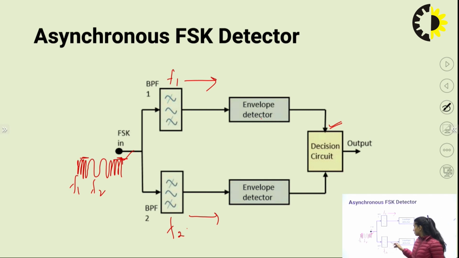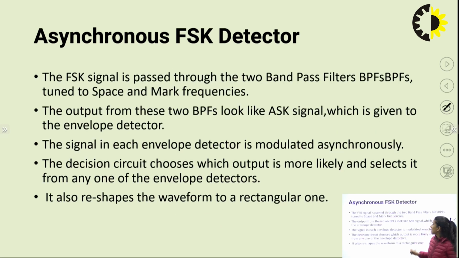So we know that this will be working when I have this part going. At this point of time, it can give decision 1. For this point of time, this will come into the loop and this will give decision as bit 0, and likewise it works, right? FSK is passed through two band pass filters tuned to space and mark frequency.